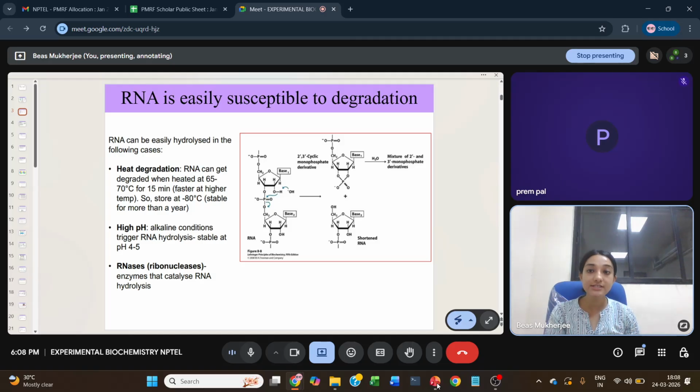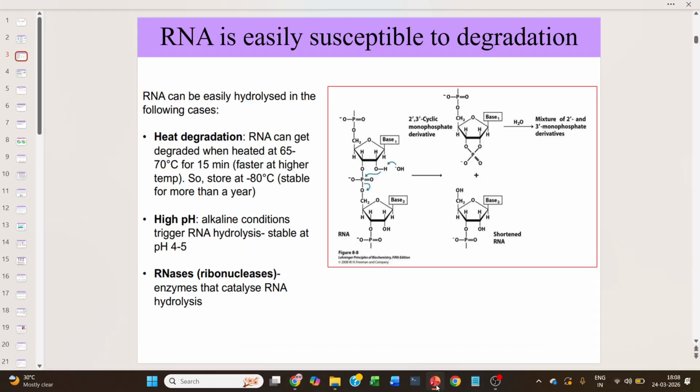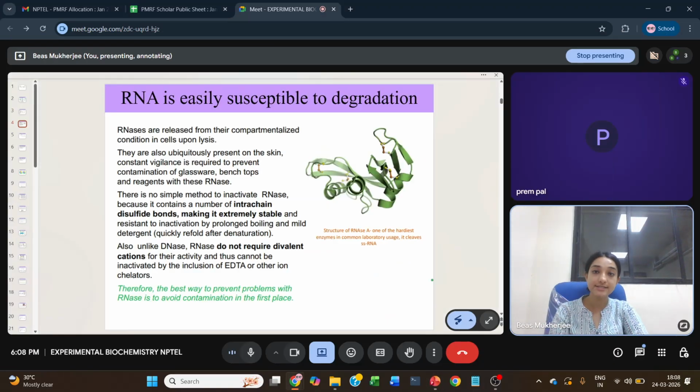Now another way is using RNases, which are enzymes, and these enzymes catalyze RNA hydrolysis. Now we will look at the RNases in a little bit more detail. This topic you will find very interesting, because RNases are proteins that are very, very stable. We have talked about RNases in one of our previous classes, so you know about the catalytic activity and the active site of RNases.